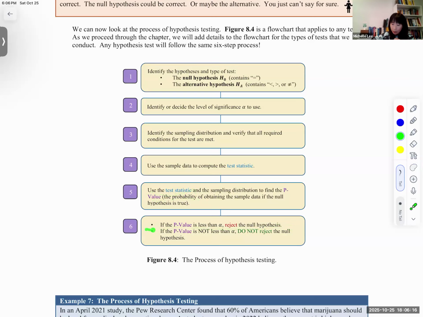So let's remember only one thing. Make 5 stars, right? This is the main concept. If the p-value, the tail probability, is less than the alpha, the level of significance, either way we call it, it's given.